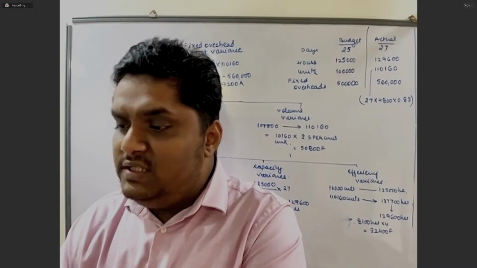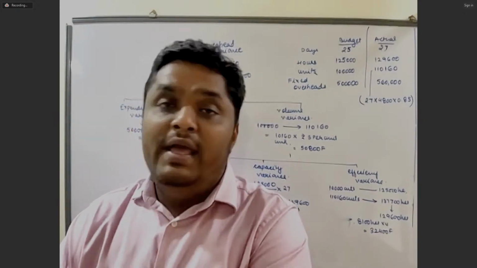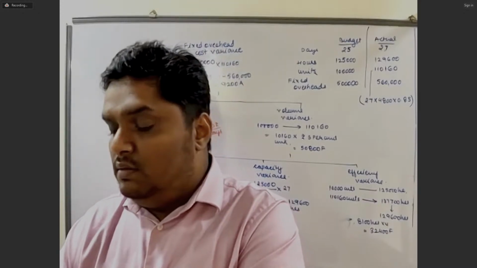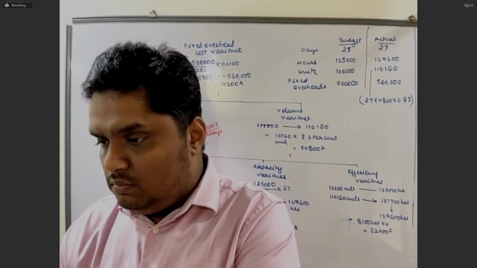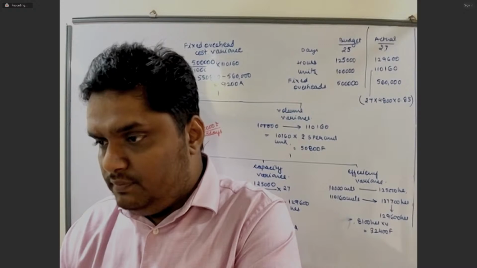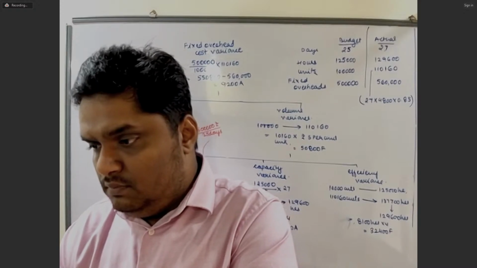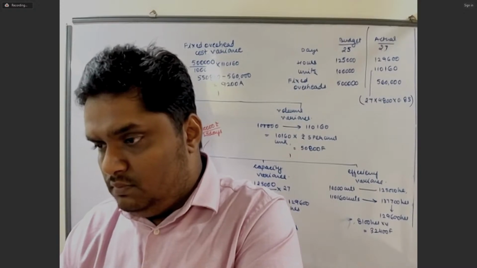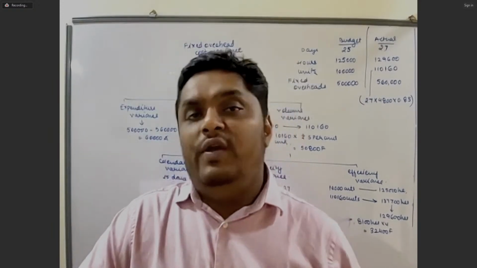Very good. But yes, Bhumika, don't forget to mention whether it is adverse or favorable, else no marks. Again, guys, you have to mention whether the variance is adverse or favorable.